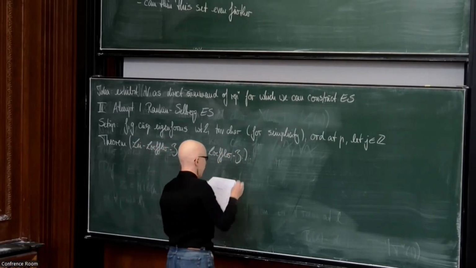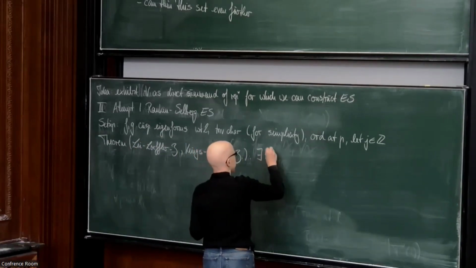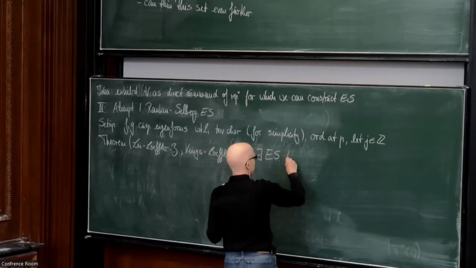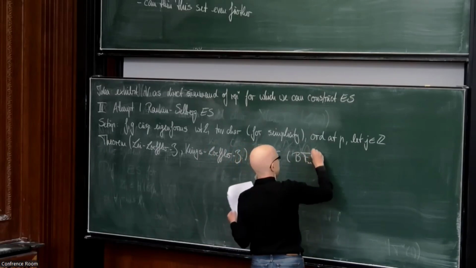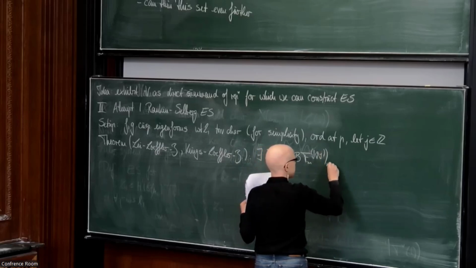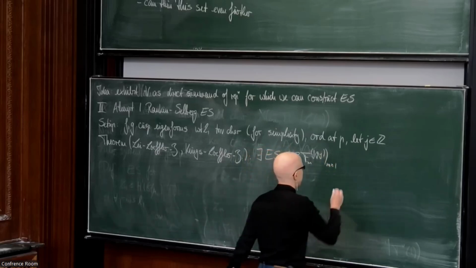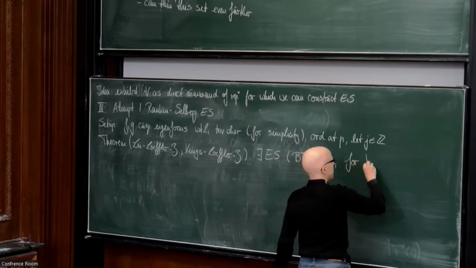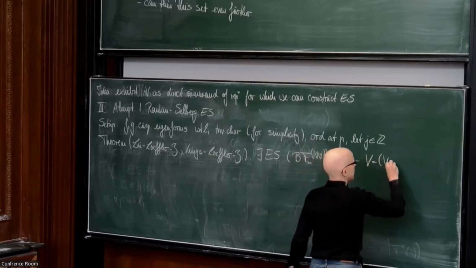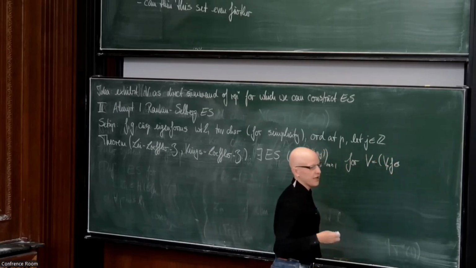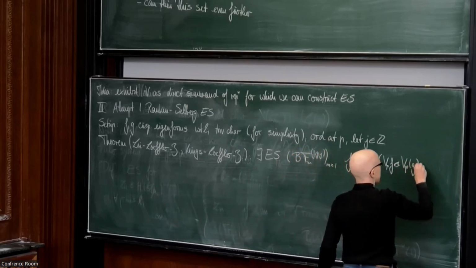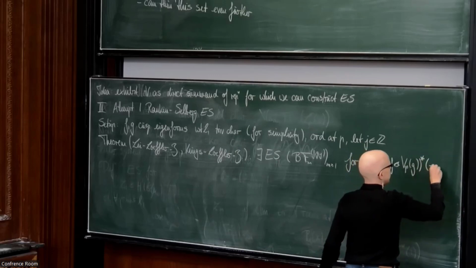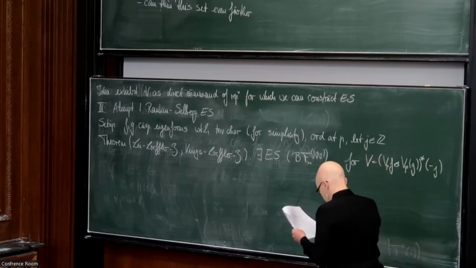Namely, there exists an Euler system, which I will call the Euler system of Beilinson-Flach elements. It is attached to this triple F, G, and j, for the following representation: the dual of the tensor product of the p-adic representations attached to F and G, twisted by minus j.